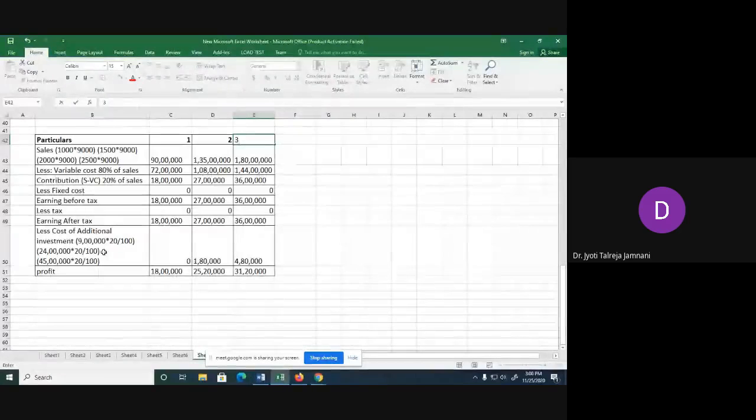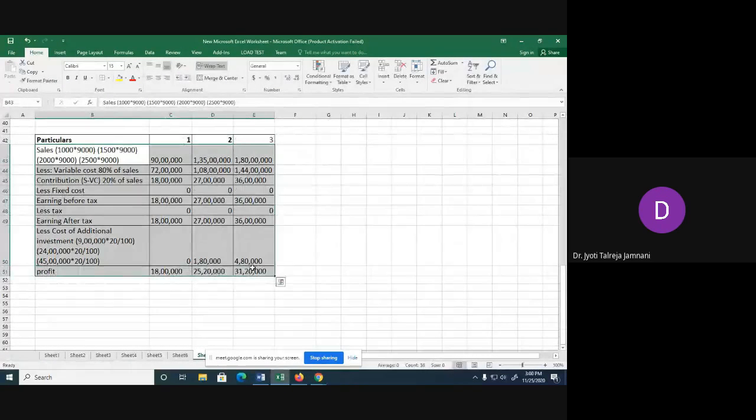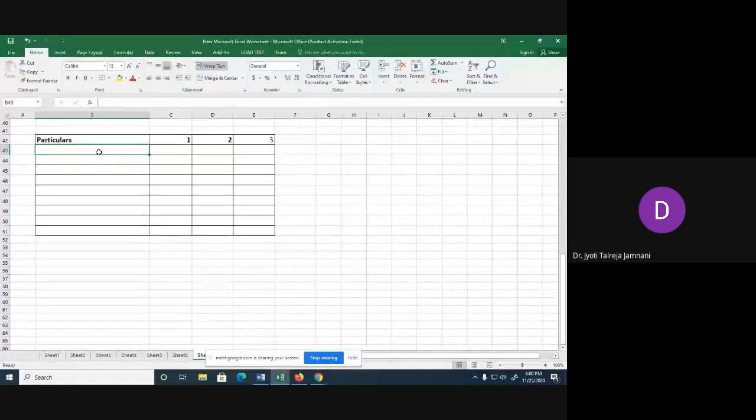So as of now, for 1 month, the sales is 10,000 units at rupees 300 per unit. So 10,000 into 300, 30 lakhs.